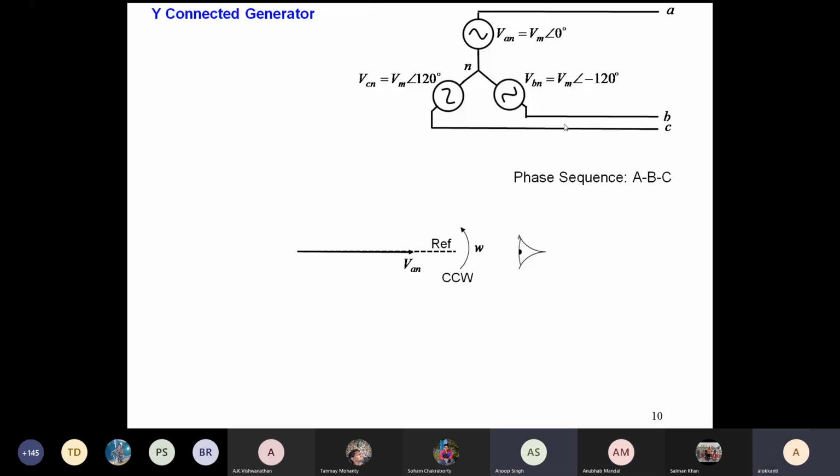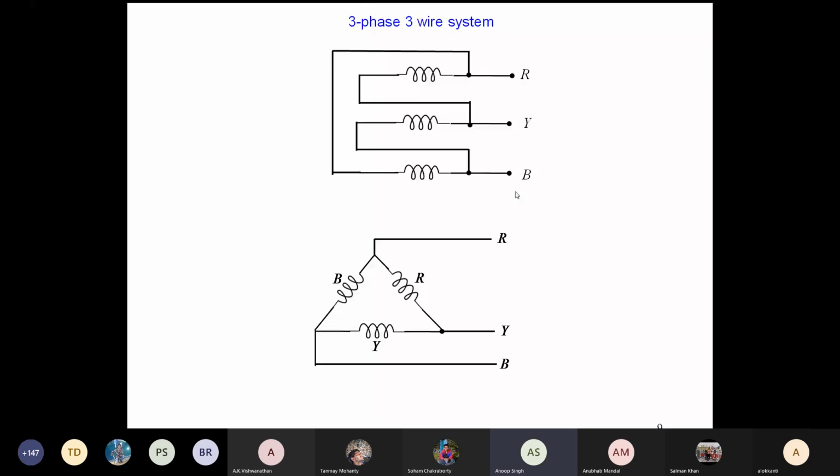Sir, I have a doubt on the previous slide. As the rotor rotates, the wires responsible for generating magnetism will also rotate with it, so they will get messed up.